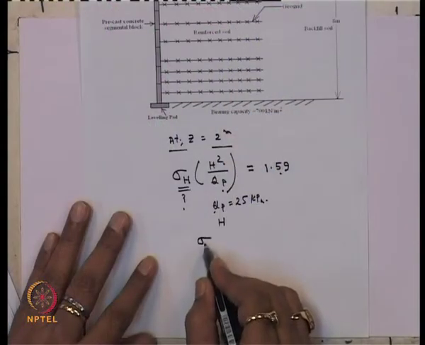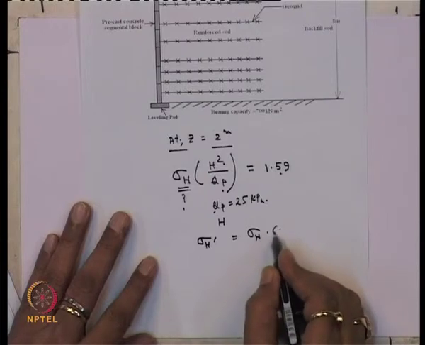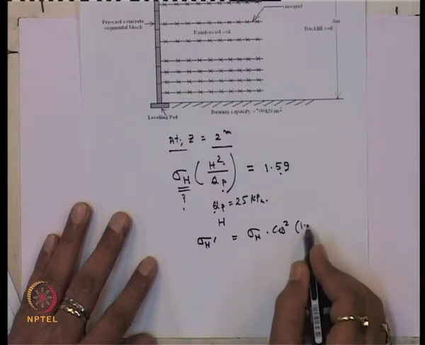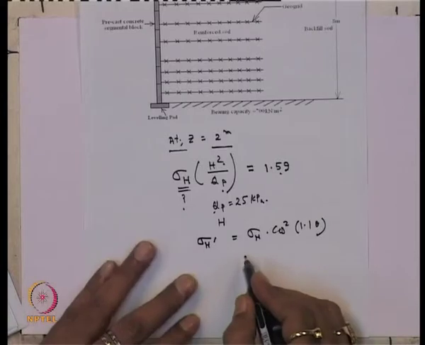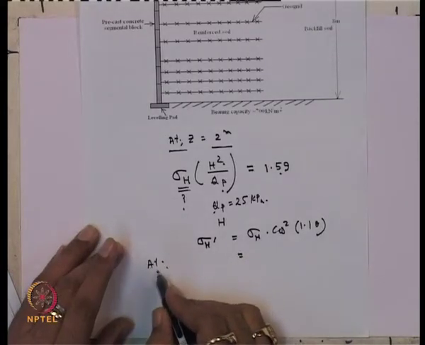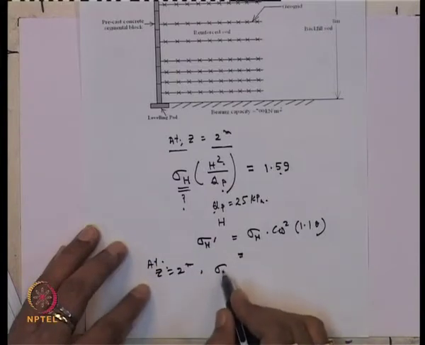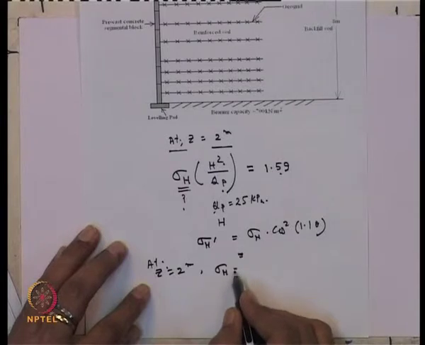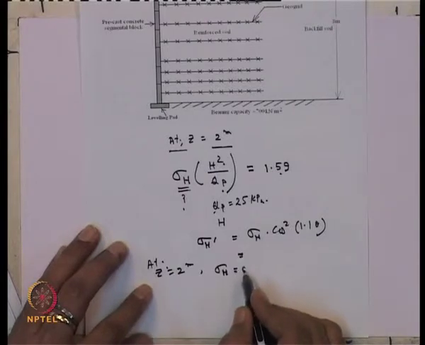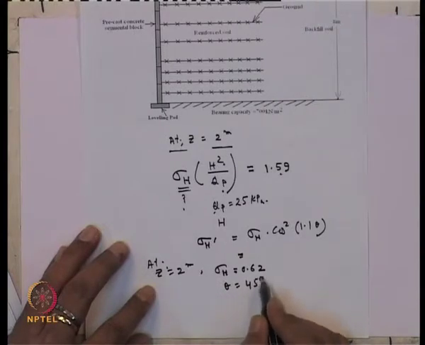Let me show this equation again. You want to calculate sigma h dash is equal to sigma h into cos square 1.1 theta. Now let us say z is equal to 2 meter. The sigma h value is known, equal to 0.62, and theta is 45 degree.